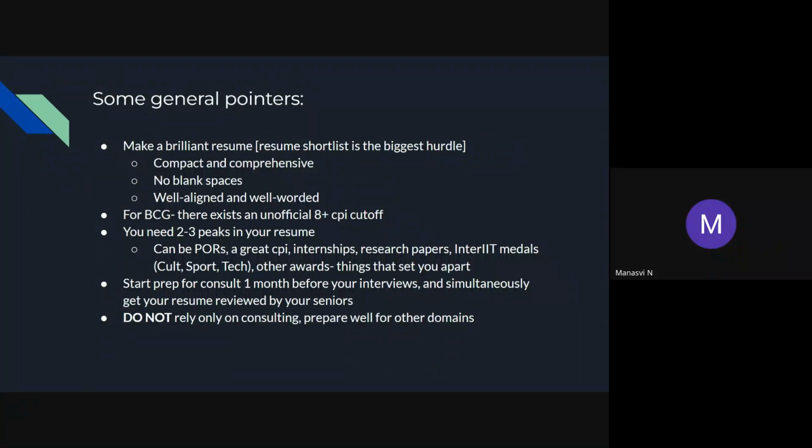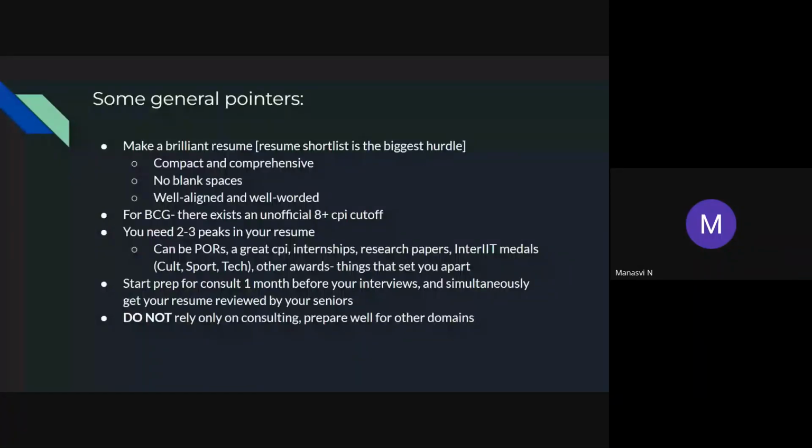Okay, cool. So let's talk about some general pointers when it comes to consulting. As Devans and Vishaka said, a resume shortlist is the first and the biggest hurdle that you'll face when you're putting your resume in. Three important things: make sure that whatever you write is compact, comprehensive, and that there are no blank spaces.